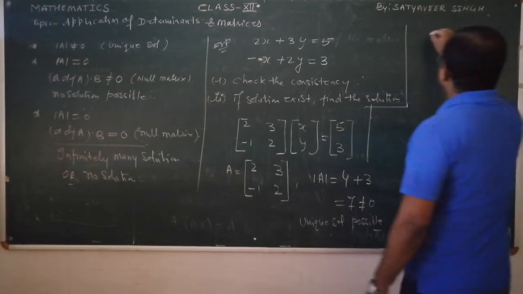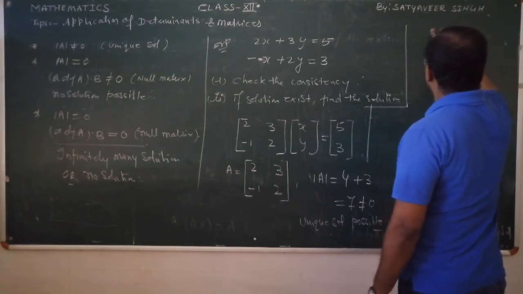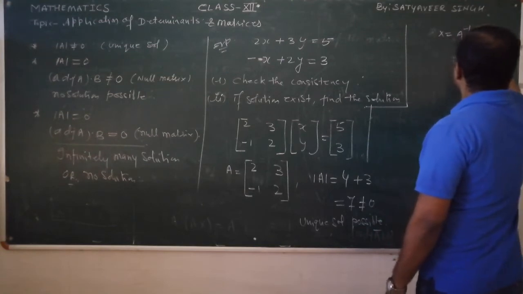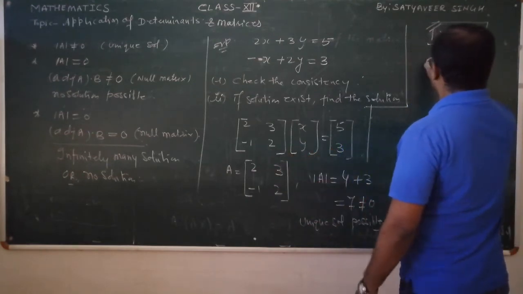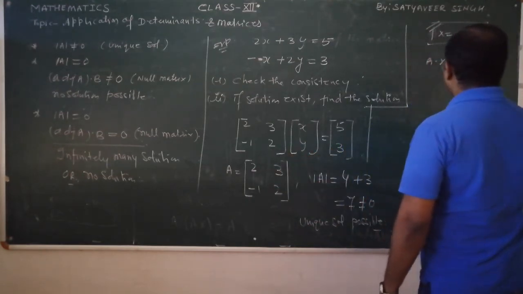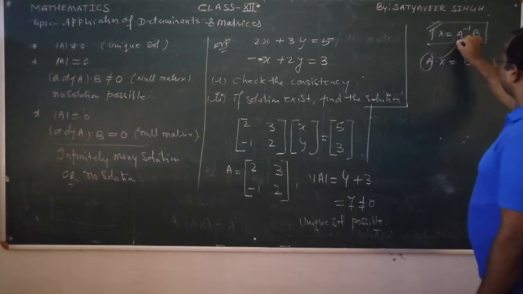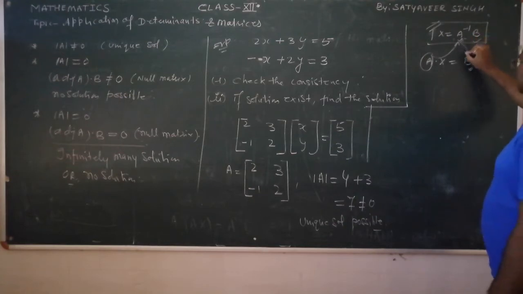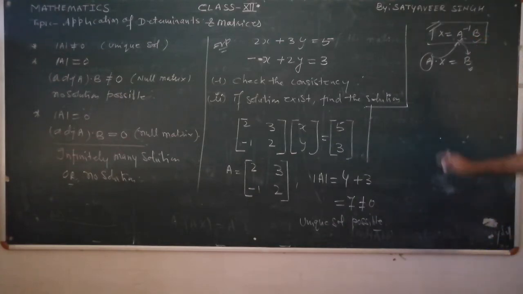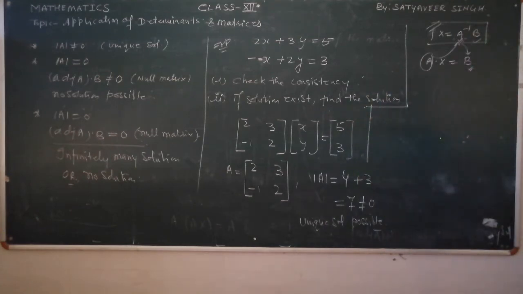You will have to use the formula X is equal to A inverse B. We find the inverse, and further this inverse and this matrix, if you multiply, will give you the matrix X. Then we can compare both matrices and find the values of x and y.